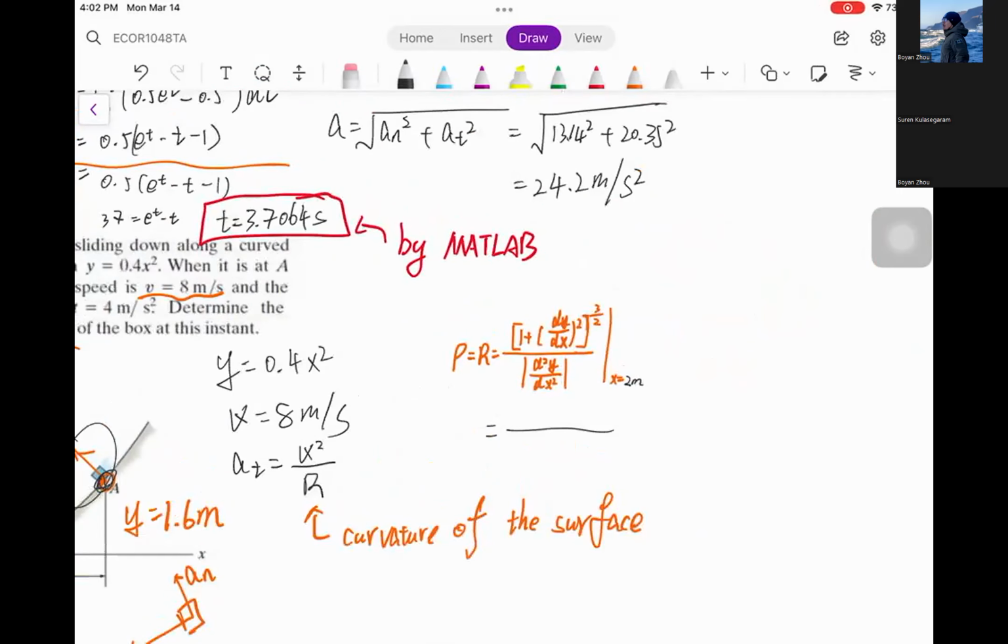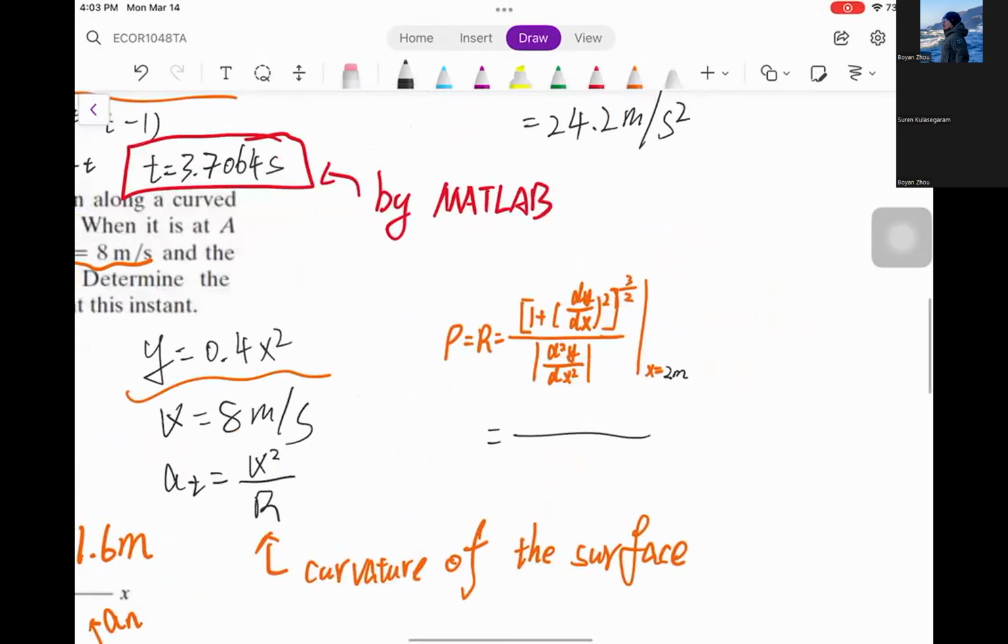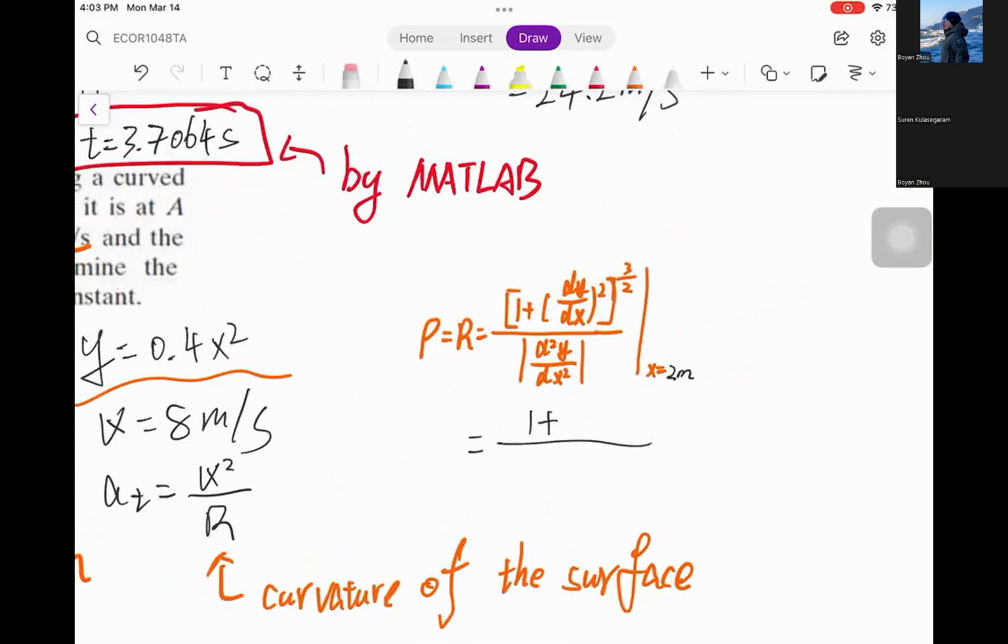We have y equal to 0.4 x to the power of 2. So on the above is equal to 0.8 x 2, and everything to the power of 3 over 2.